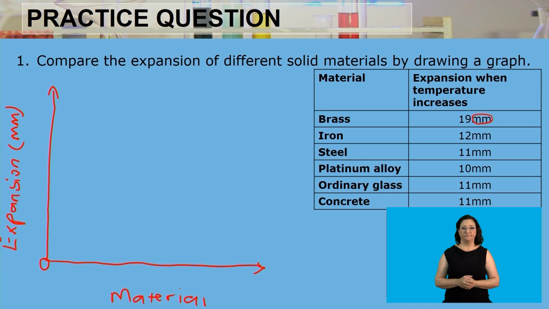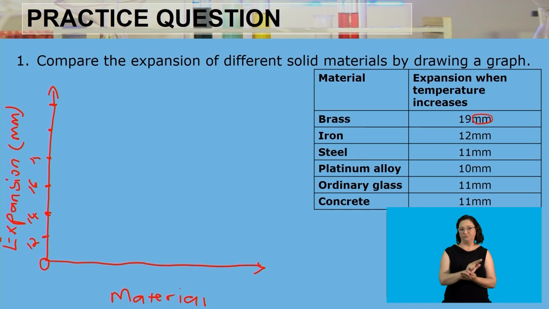So we are going to start off with the scaling of this graph, whereby the smallest number that we have is 10 and the biggest one is 19. So we can choose a suitable scale.